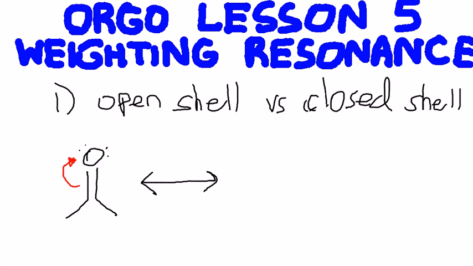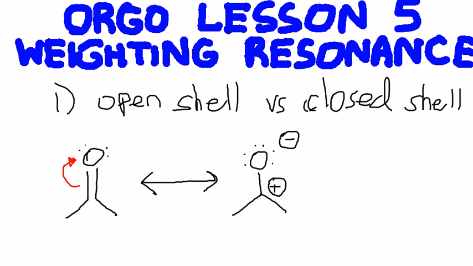They originally belonged to both oxygen and the middle carbon. But now they only belong to the oxygen. And this means that our carbon just lost 2 electrons. It only has 3 bonds surrounding it, and therefore it only has 6 electrons, meaning that it's not closed shell.